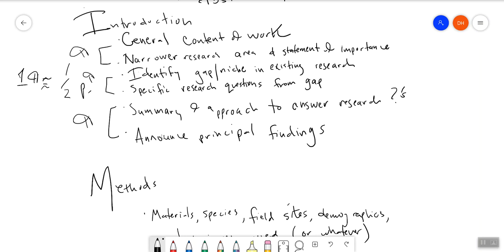So, for example, to go back to the example I used in the last one: we're taking a medicine X, and we're going to give it to 50 people, and then give 50 other people a placebo.